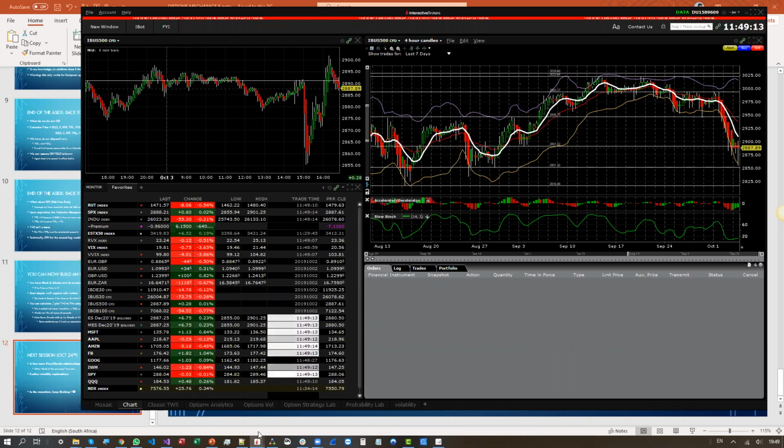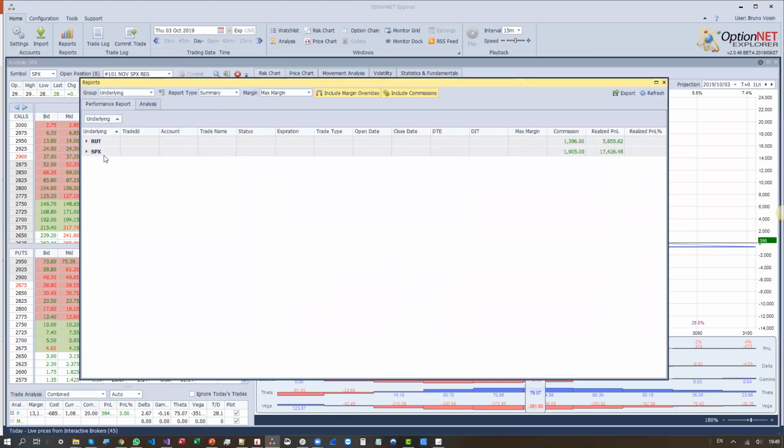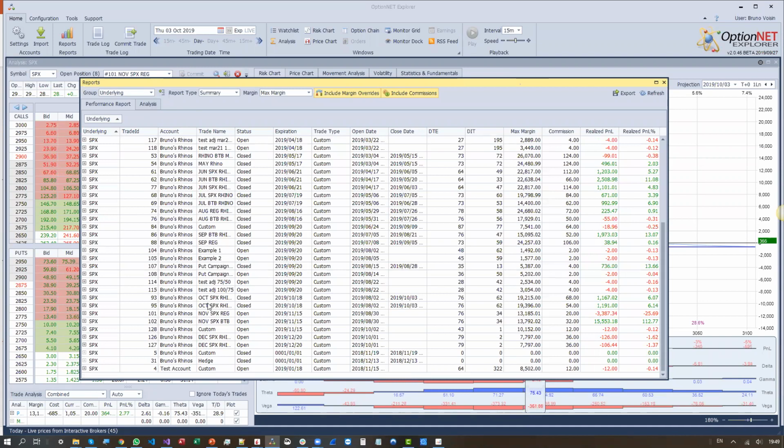I hope your trades are doing okay. We're talking about various things, but my trades are actually doing fine. I just closed my October trade. I've got two variants of the Rhino. I've got what I call the regular, which is basically my variant, and something called the BTB, which is by the book.